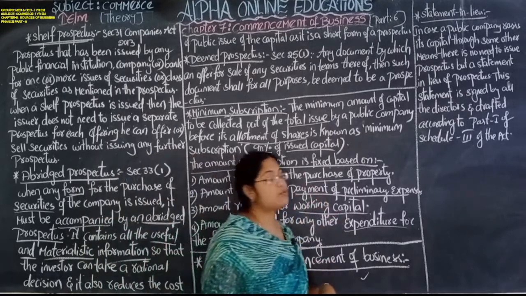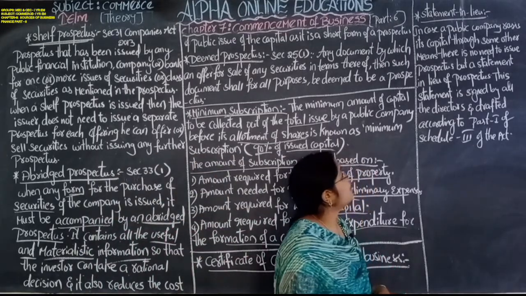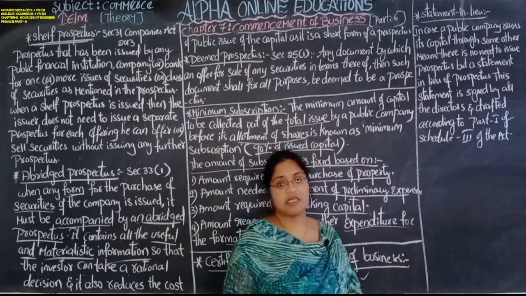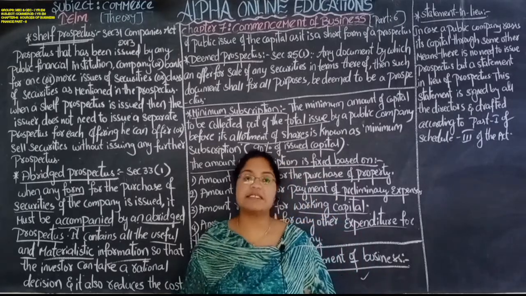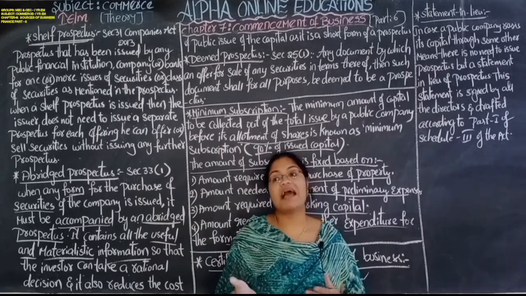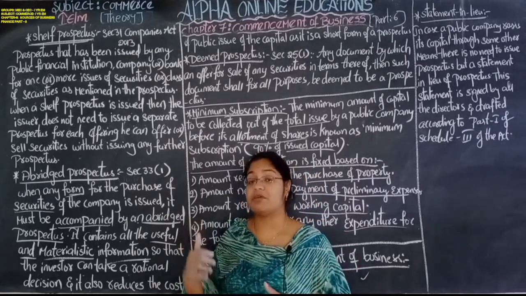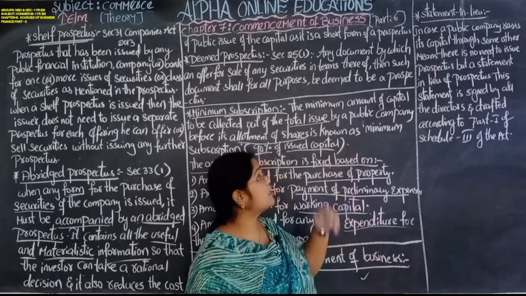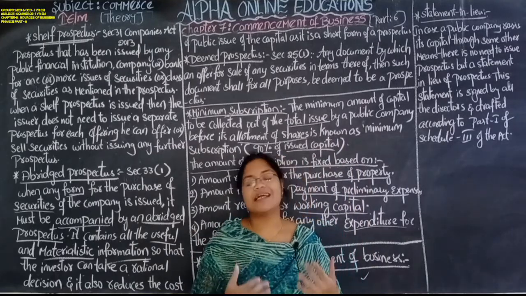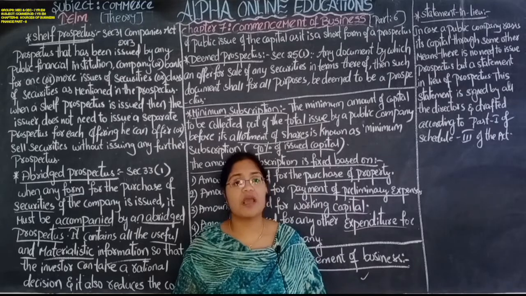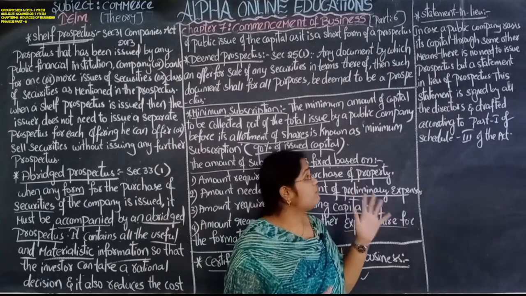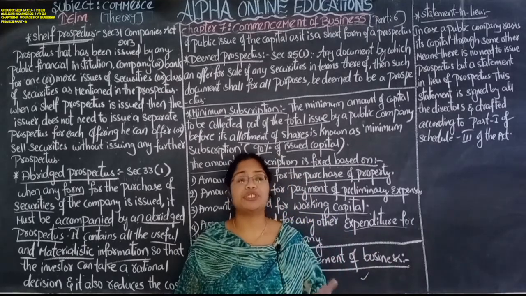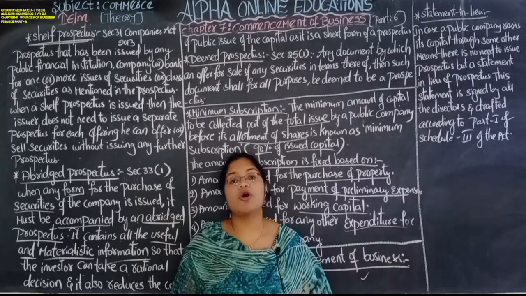Let us focus on the last topic of this chapter, statement in lieu. In case a public company raises its capital through some other means, there is no need to issue a prospectus. For example, if the public company is raising its capital by issuing some other document or statement other than the prospectus, then there is no need to issue the prospectus again. If it is issuing a statement in lieu of prospectus, then there is no need to issue a separate prospectus document.